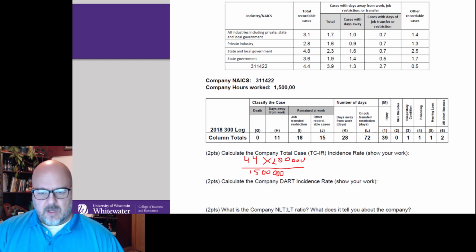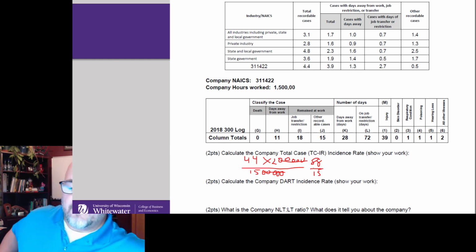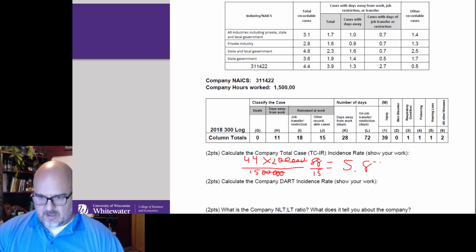I wish this was easier. I can cancel out 1, 2, 3, 4, 5 zeros from each. So it's just 15, and 2 times 44 is 88, divided by 15. Off the top of my head, I obviously cannot do that. Good on you if you can. I'll bring up a calculator on my phone. 88 divided by 15 equals 5.87.